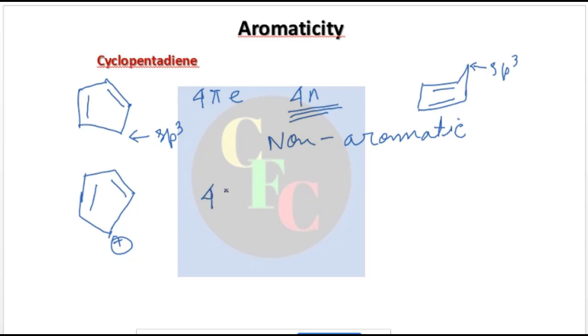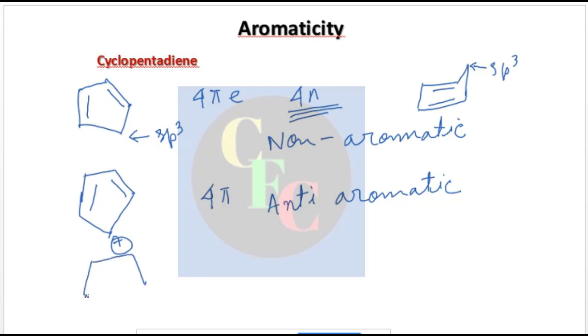But these still have 4 pi electrons, and now this is cyclic, so this will make it anti-aromatic, because this is only a 4n pi system, not 4n plus 2 pi electrons. As it is cyclic now with an uninterrupted pi electron system, it is anti-aromatic rather than non-aromatic.